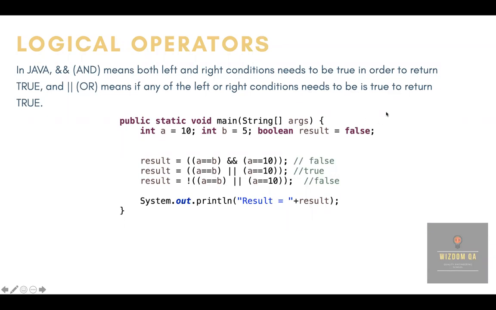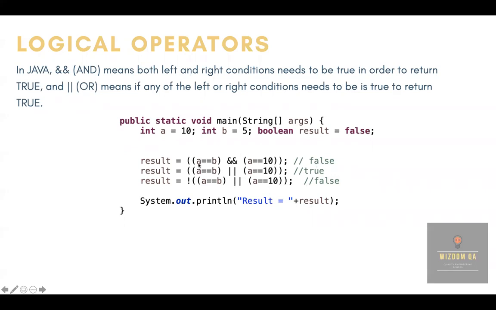So here you see that there are two different relational operator sections. One is A equals B. A is 10, B is 5, simple thing. If A equals B and A equals 10, if both these conditions are true, only then the whole evaluation will be true. If not, then it is false.